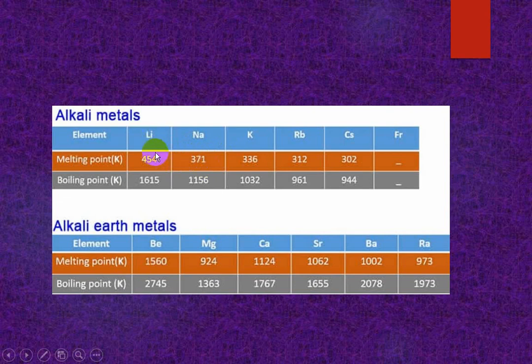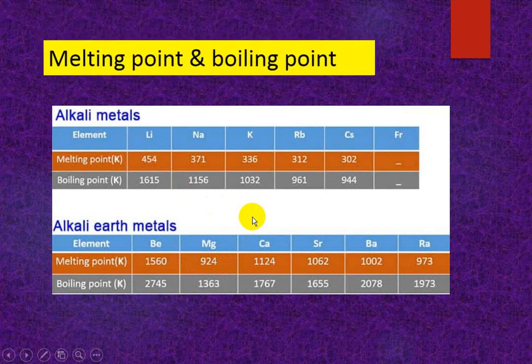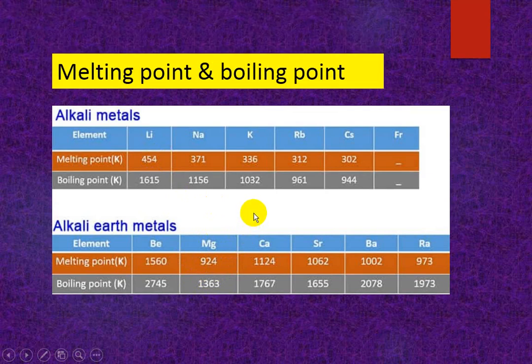Lithium has more charge density than sodium, so the free electrons are strongly bound and the attraction force is more. The attraction force needed to overcome the bond is more, so melting and boiling points are higher, like this for alkali earth metals and all other metals.